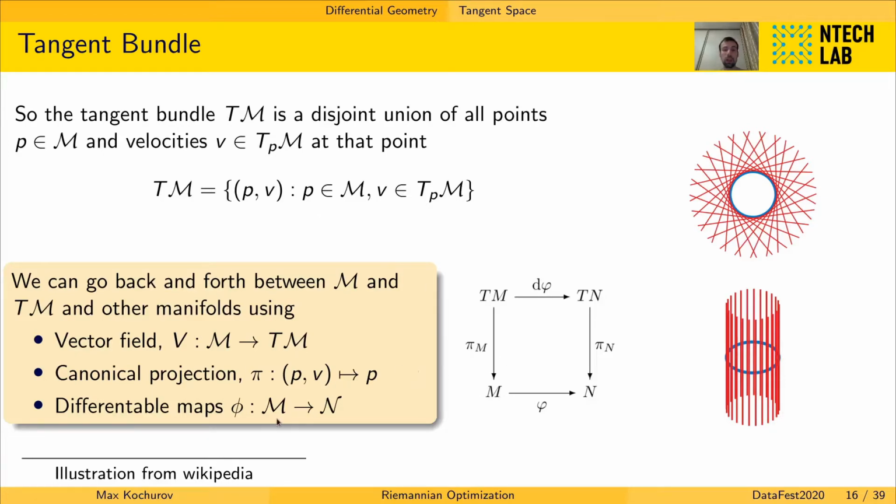Differentiable maps map you from one manifold to another manifold, like you have a circle and you map all these points from the circle to the plane, and these differentiable maps can be used to transform points from one tangent bundle to another tangent bundle, to a new space.